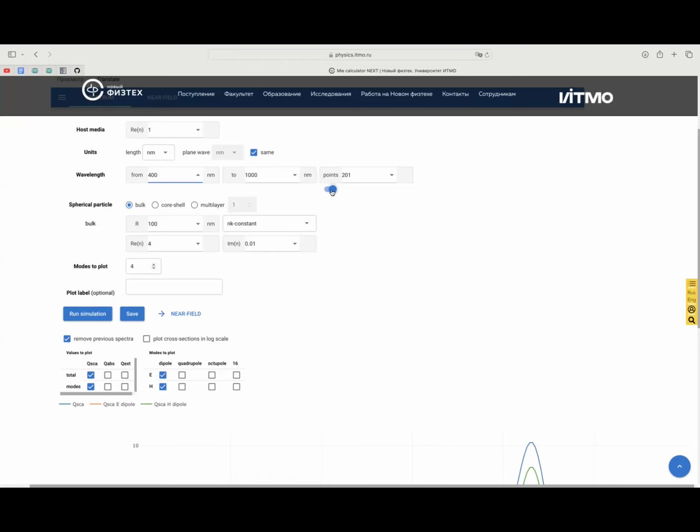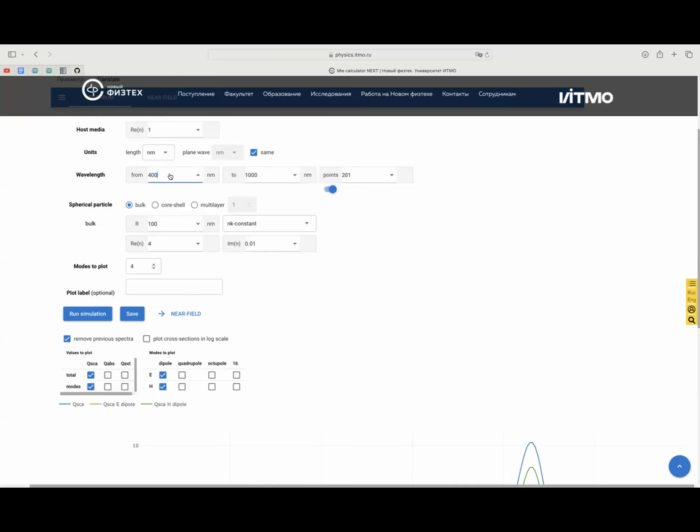The coefficient A is called the magnetic Mie coefficient, and coefficient B is called the electric Mie coefficient. This is just because coefficient A is proportional to the M harmonic, which is called the magnetic harmonic, and coefficient B is proportional to the N harmonic, which is called the electric harmonic.